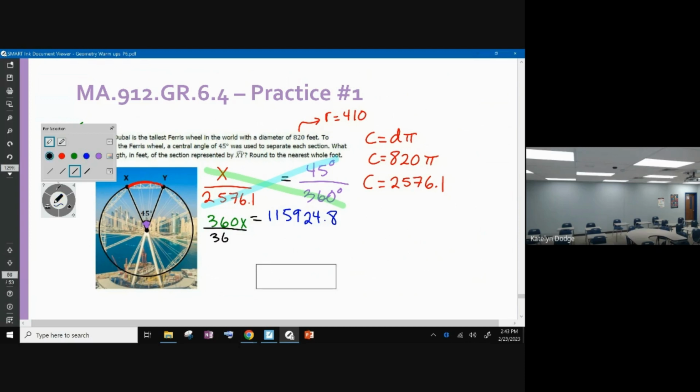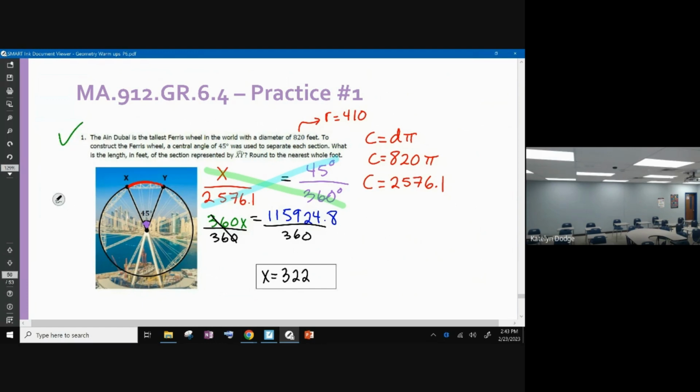Divide both sides by 360 as we did in the previous examples. And I should get x equals 322.01 feet.